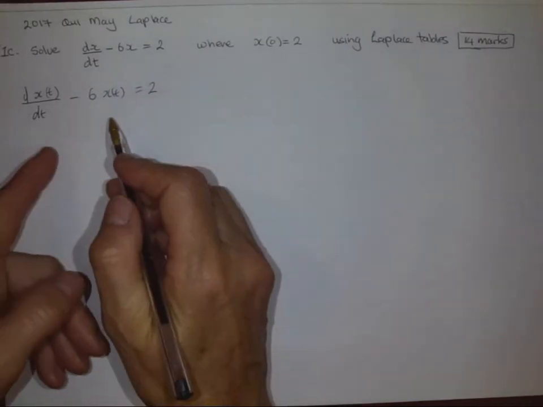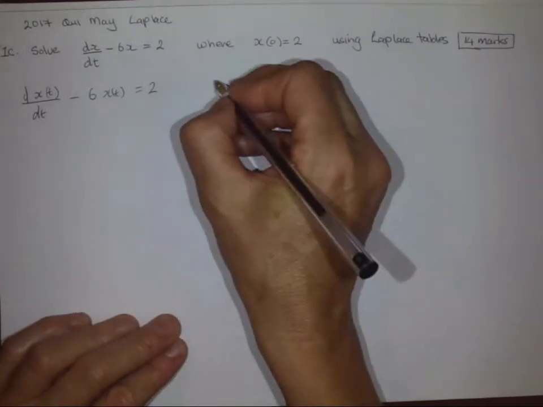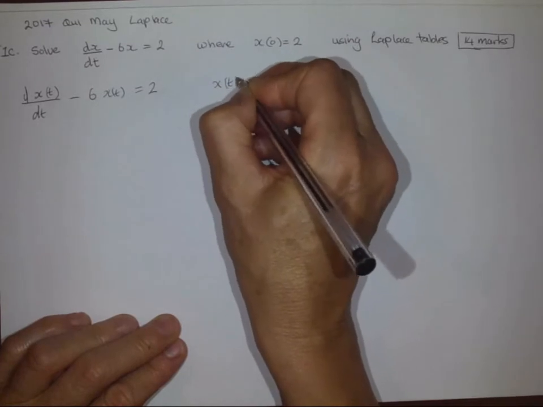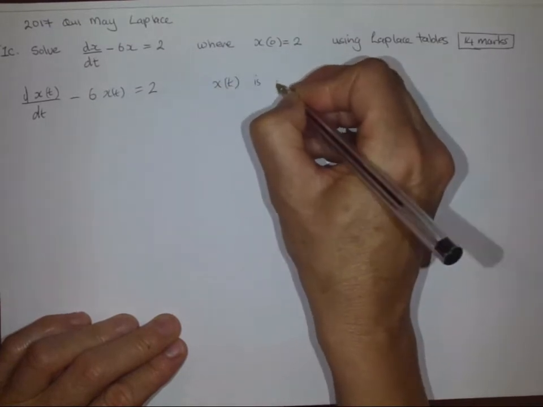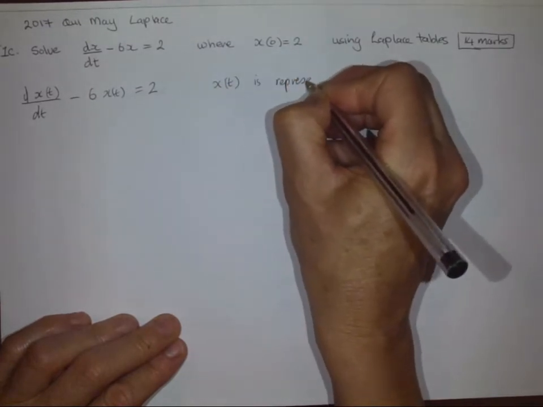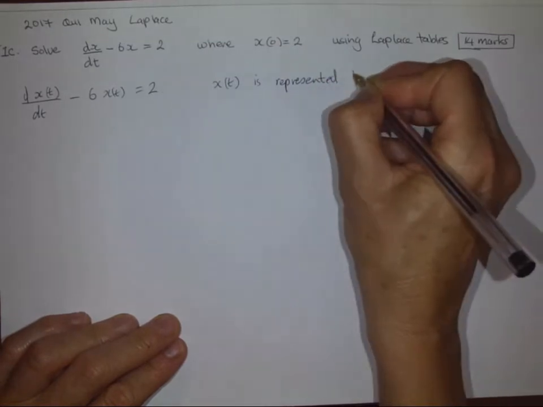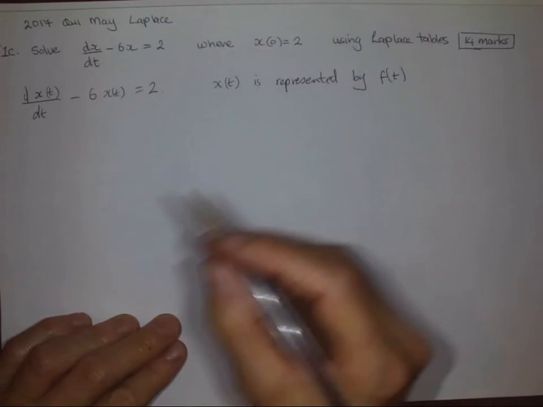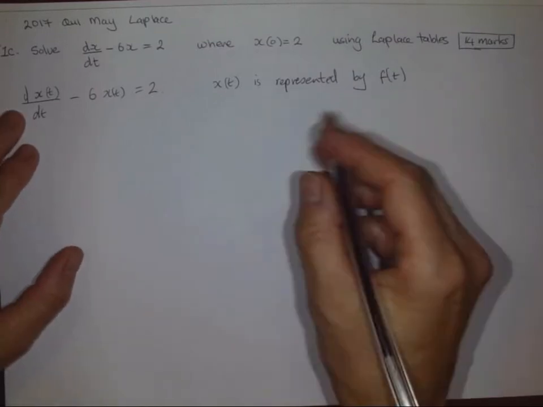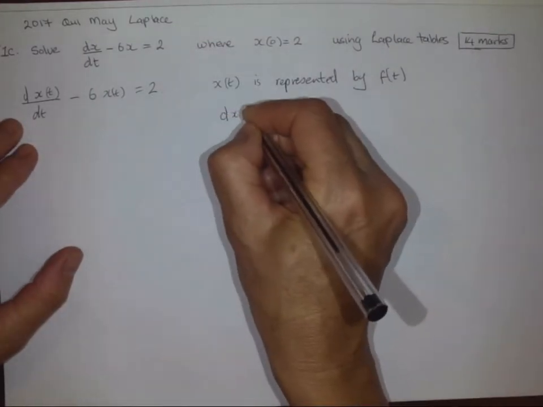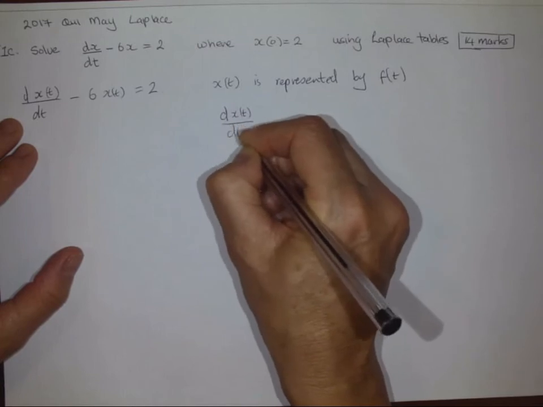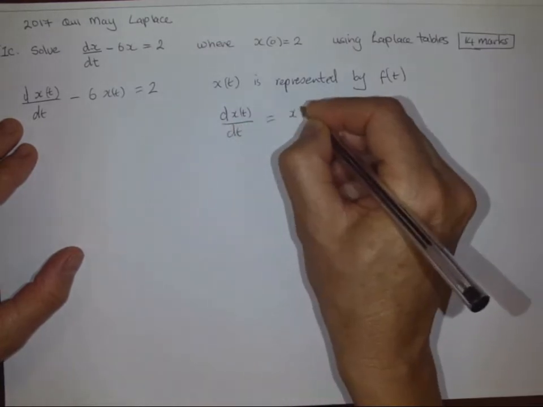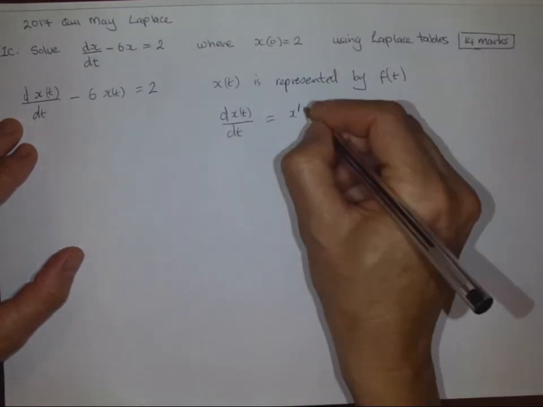And this x of t, in the transform tables, it's represented by f of t on the transform tables. Another thing about it with the transform tables, the dx of t dt can be written as x dash t.